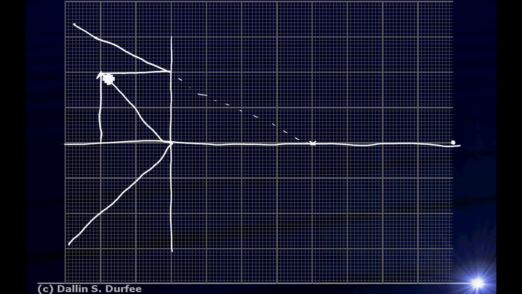Then a ray of light which is going towards the focus, and the focus is here. So I'm going to come down like this, as if I were going to the focus. It's going to come away from here. It's going to come out parallel, right? Now this would be much better if I were doing this with a ruler.